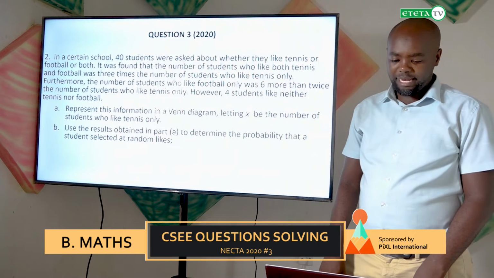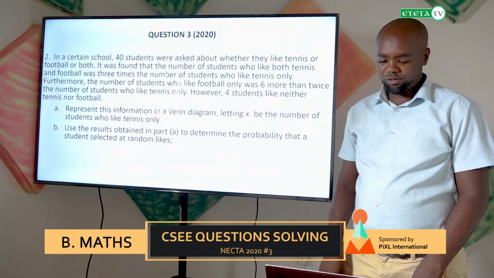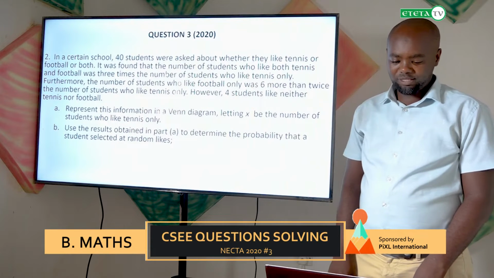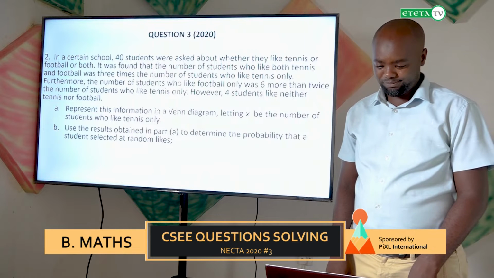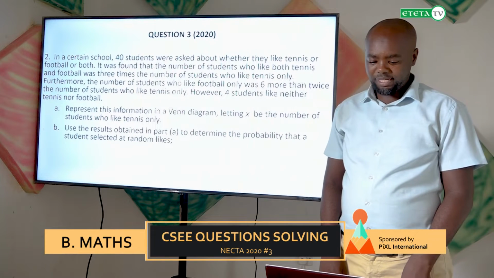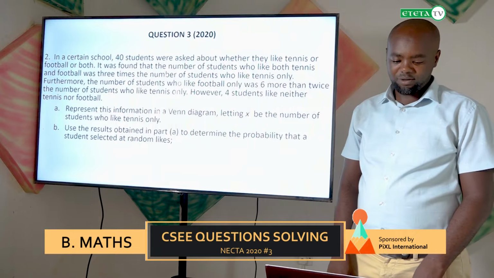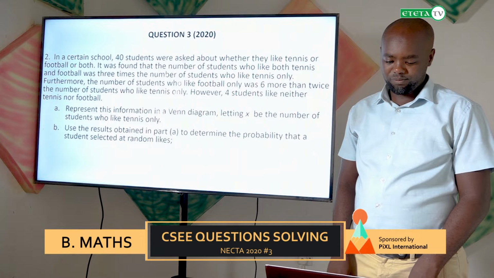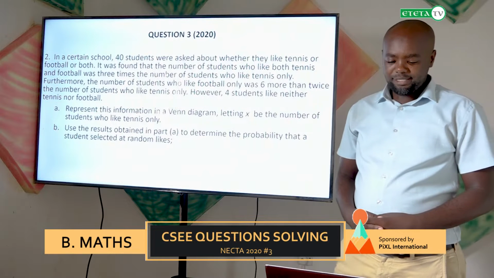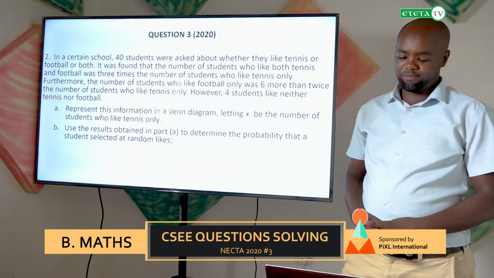Furthermore, the number of students who like football only was 6 more than twice the number of students who like tennis only. However, 4 students like neither tennis nor football. Part A. Represent this information in a Venn diagram.